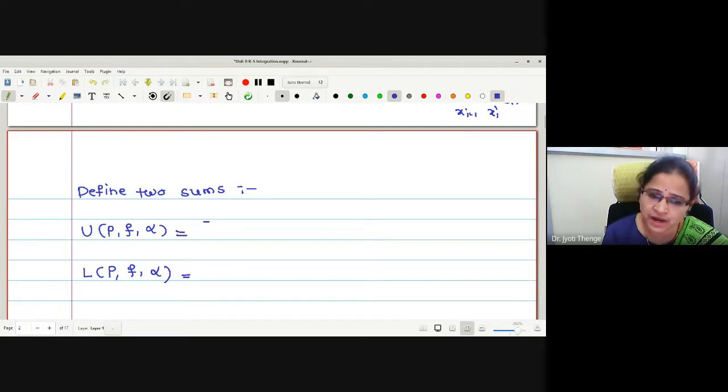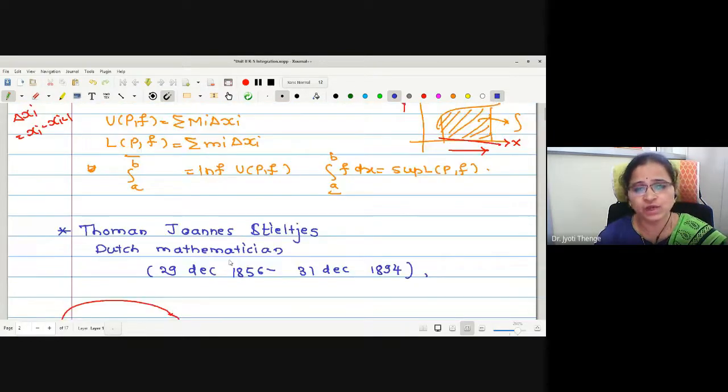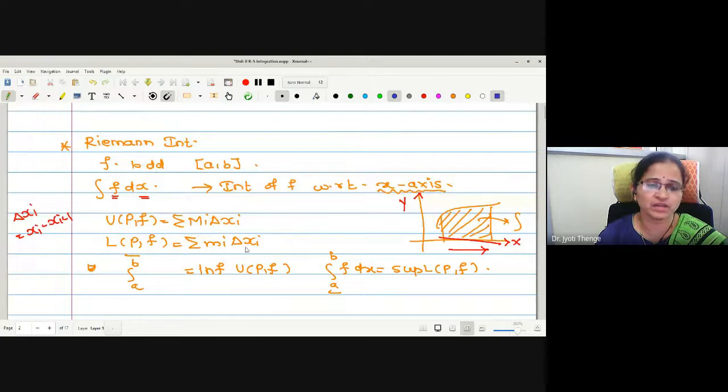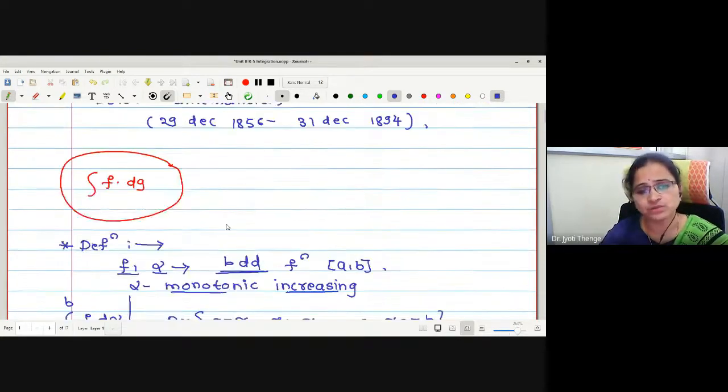The upper sum is defined as the summation from i equals 1 to n of capital Mi times delta alpha i. Similarly, the lower sum is given as small mi times delta alpha i. This is very similar to the sums we defined in the Riemann integration case; instead of delta xi, it was replaced by delta alpha i. Understood the change?